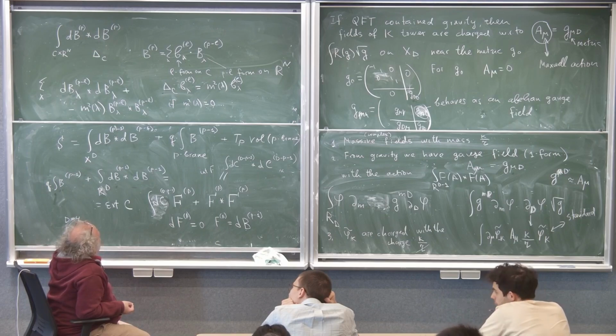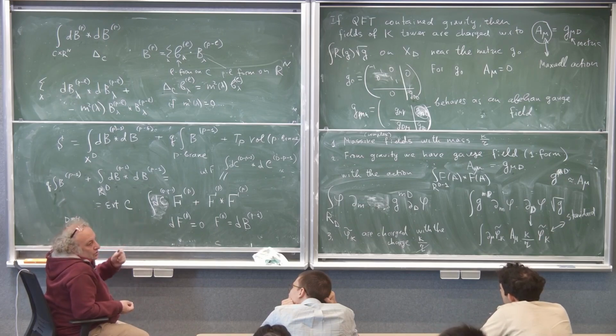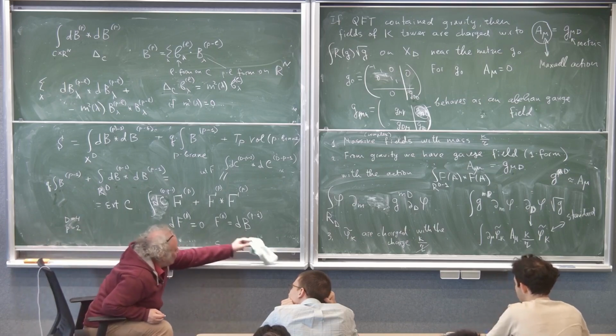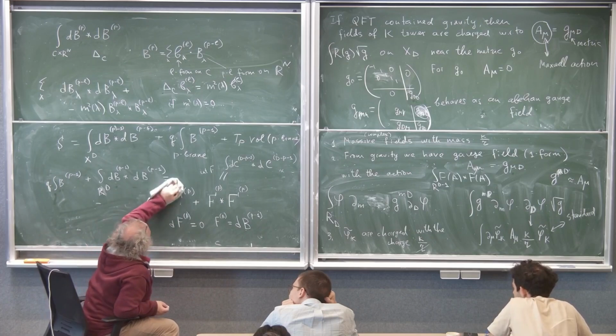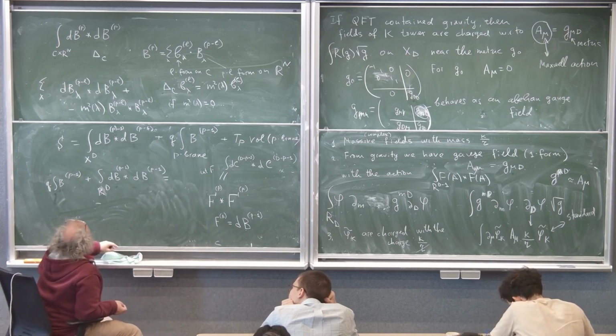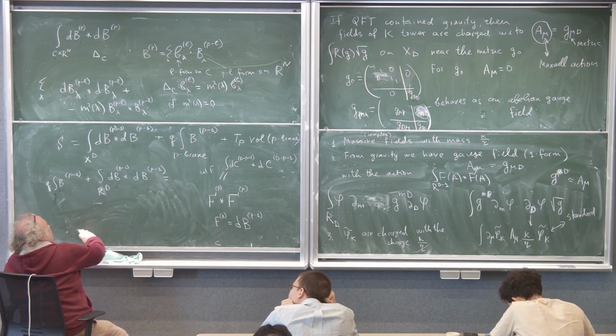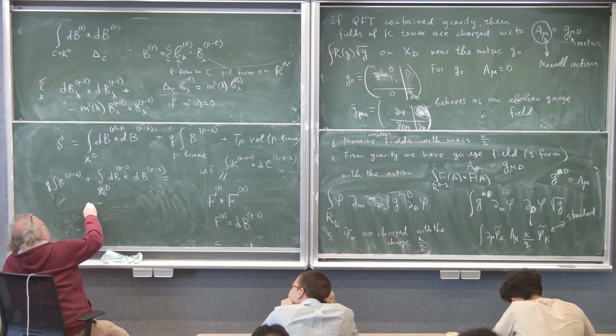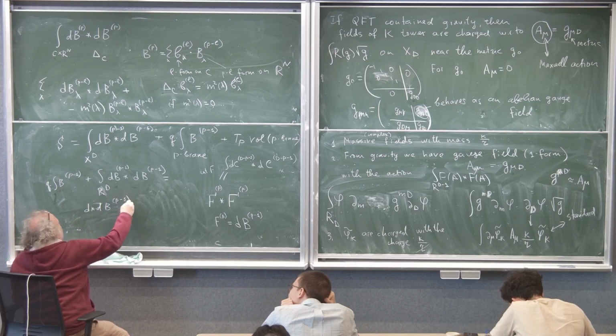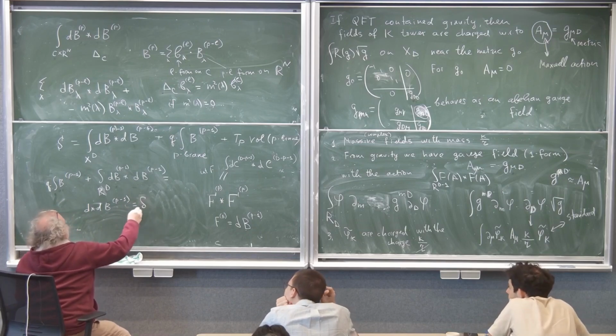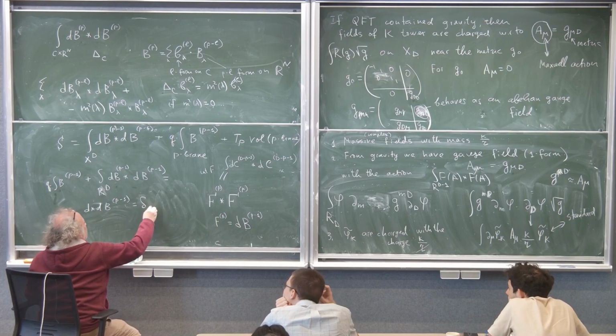But I can try to imitate this transformation somehow. From this action, I actually have the following equation: d star d B_{P-1} is a delta form on the P brane.